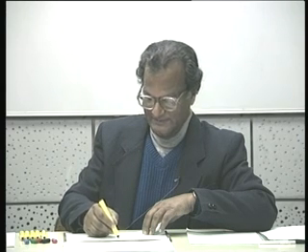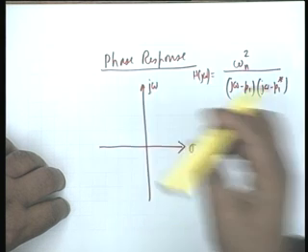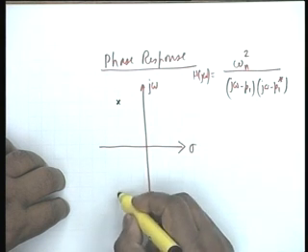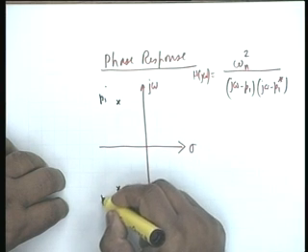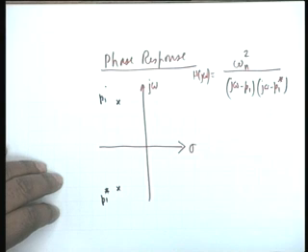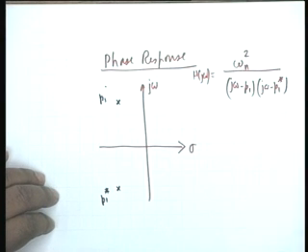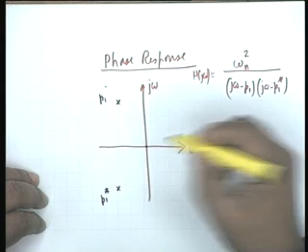Okay, let's take the plot. This is P1 and this is P1 star in terms of alpha and beta, all we have done so far. Now if I want to find out the phase at 0 frequency, it is here.